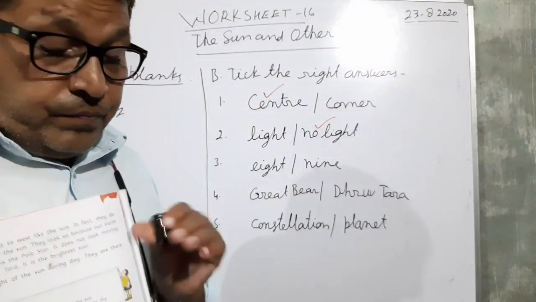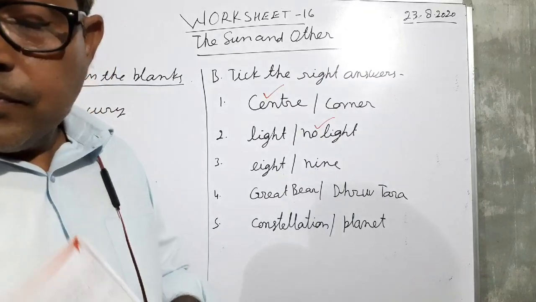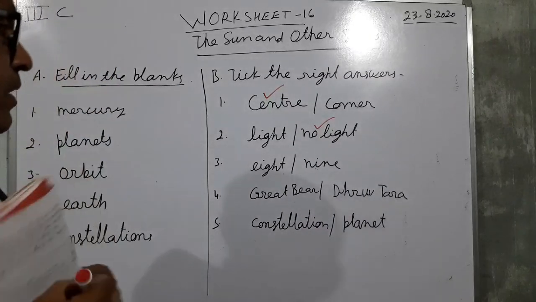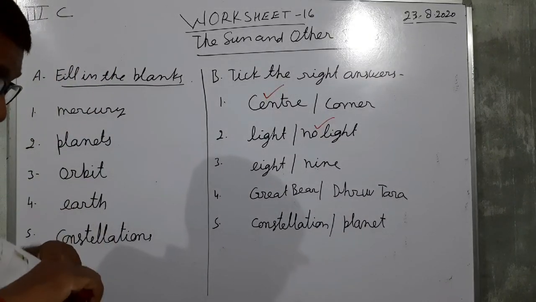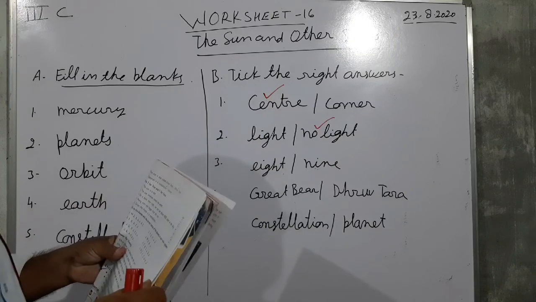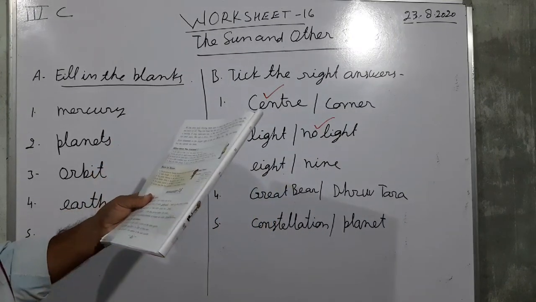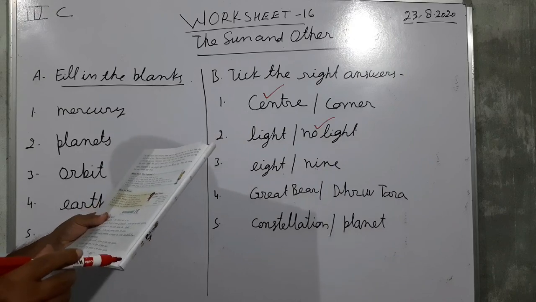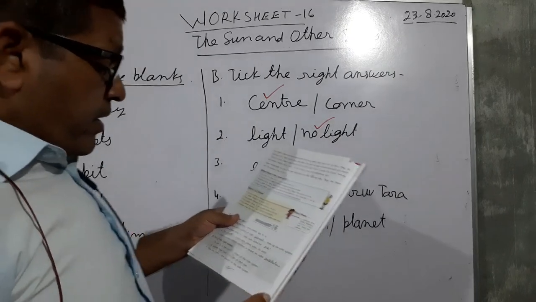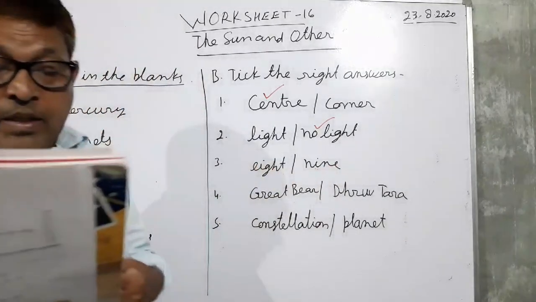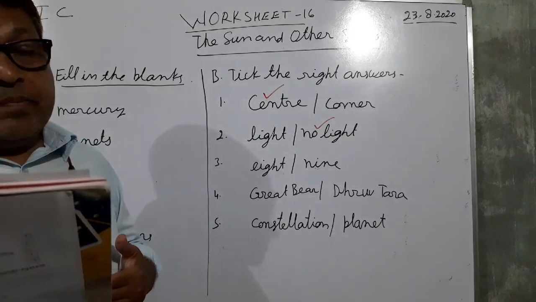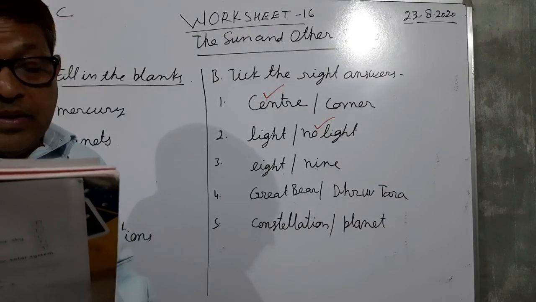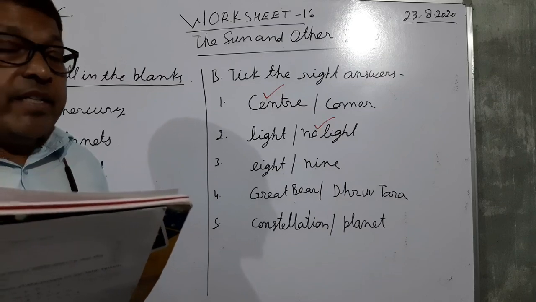Now see third, once again you see third. There are 8 or 9 planets in the solar system. Initially there were 9 planets in the solar system.